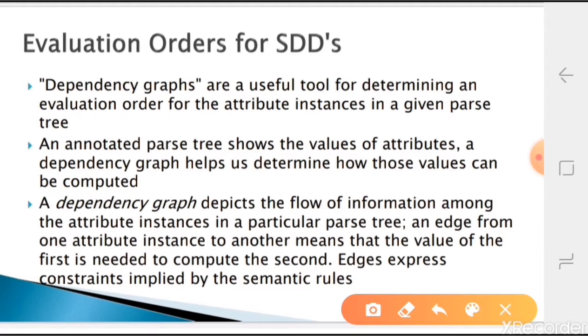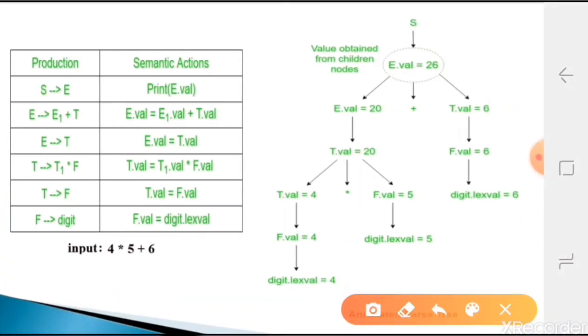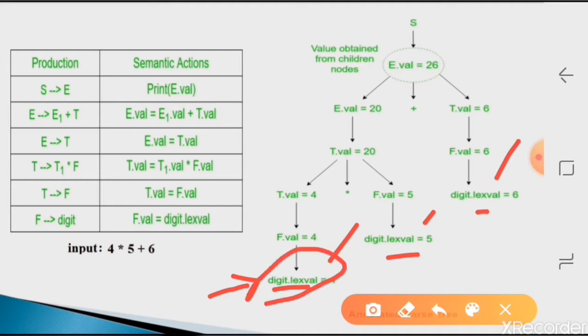For evaluation we'll use one tool, called a dependency graph. That graph tells us in which order and how to evaluate. These things have to come first: from the lexical analyzer you have to get the values 4, 5, 6 before we can do anything. Among 6, 5 and 4, 4 always comes first, since we read 4, then the multiplication operator, then 5, then the plus operator, then 6 in the lexical phase.